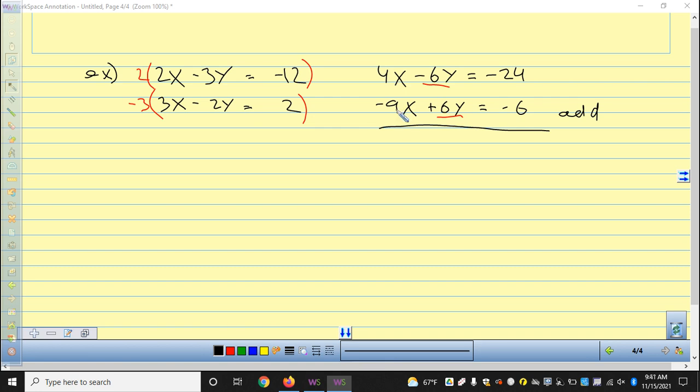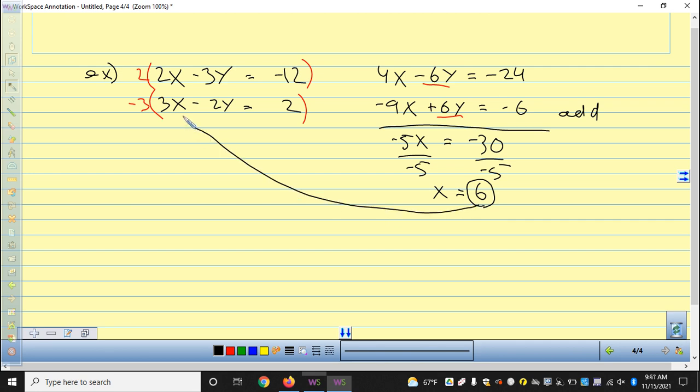4x plus negative 9y, sorry, negative 9x is negative 5x. These, negative 6y plus 6y is 0. Negative 24 plus negative 6 is negative 30. Divide by negative 5, and I get x equals positive 6. And I can substitute x equals positive 6 into either equation. I'll plug it into this one this time.